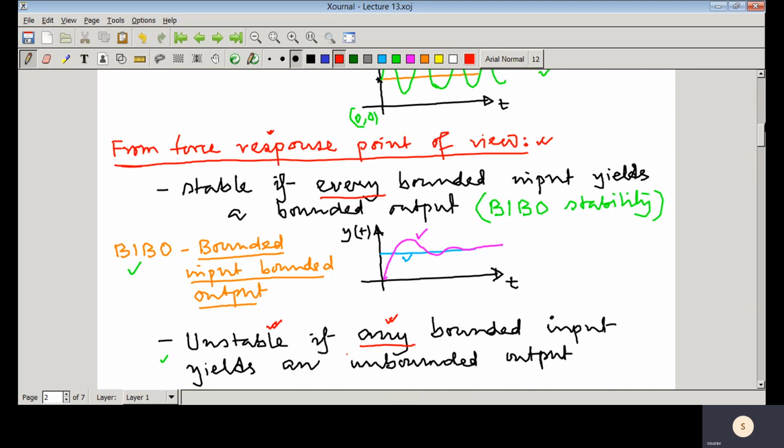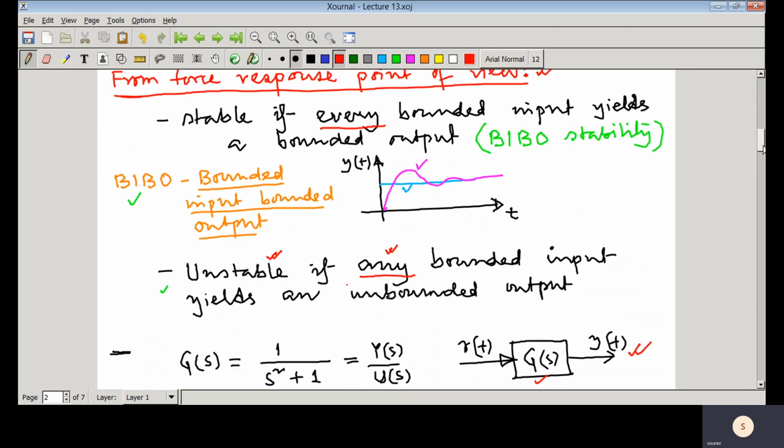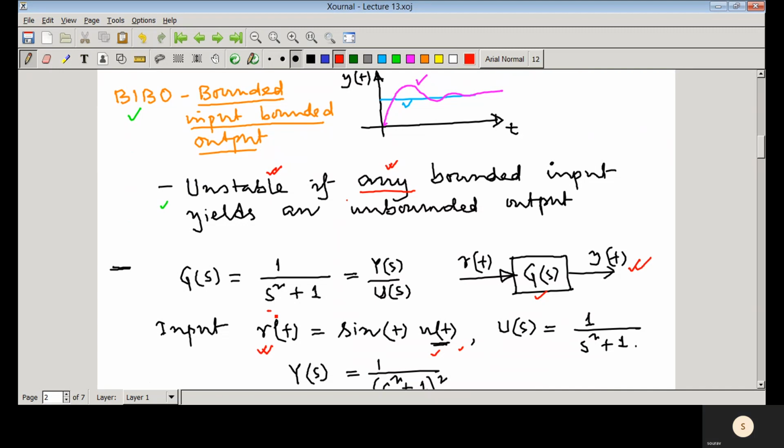But if you look at that particular system, that is 1 by s square plus 1, it has two poles on the imaginary axis, that is plus minus j.